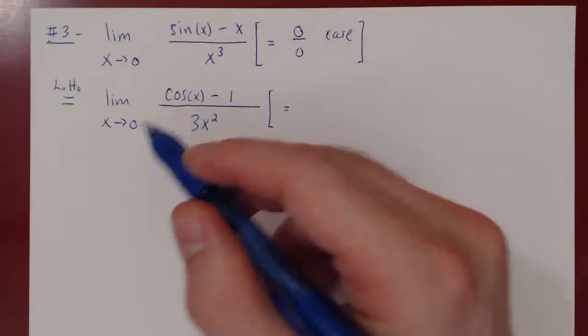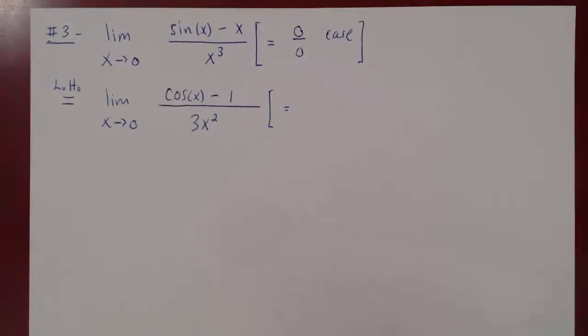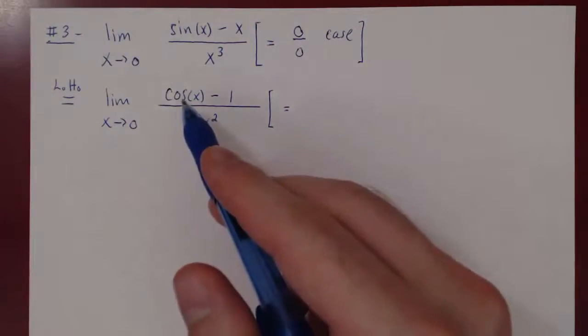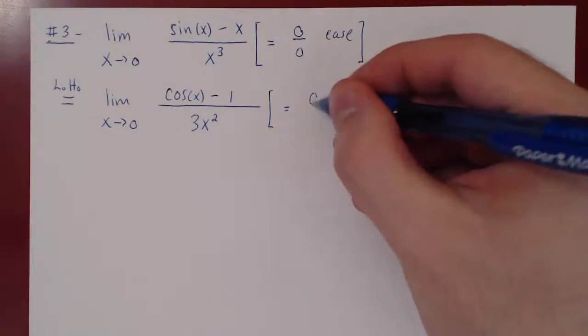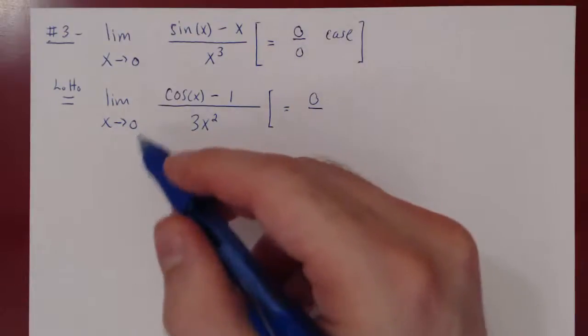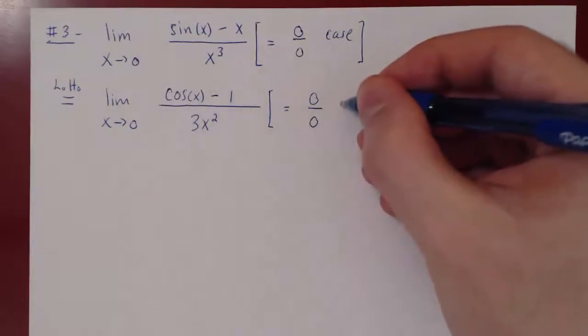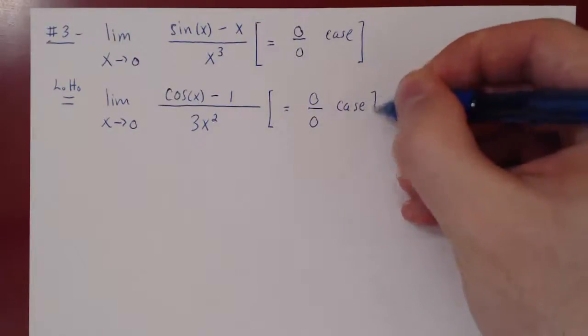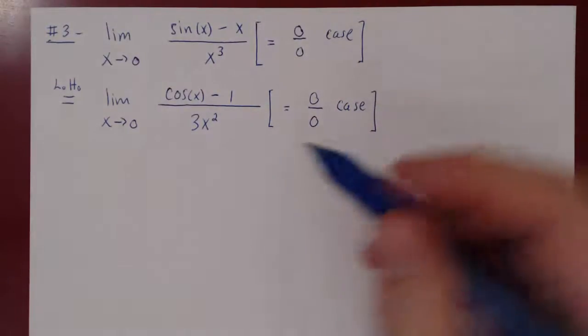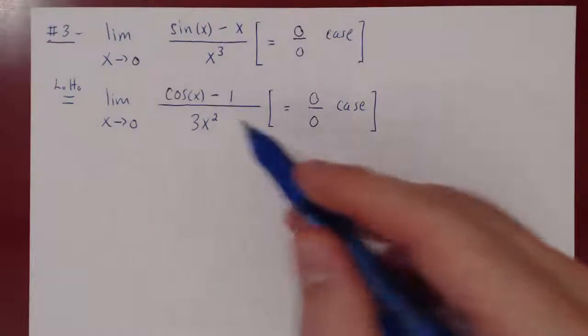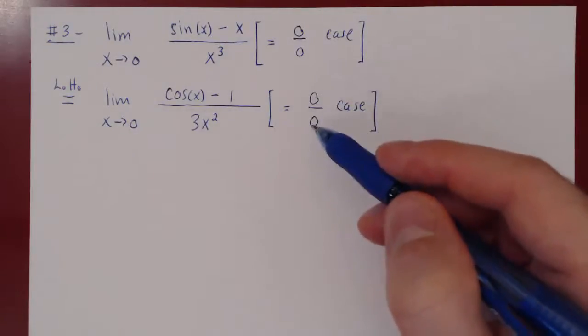As x approaches 0, we'll get cosine of 0, but cos of 0 is 1, and we'll have 1 minus 1, which is, again, 0. And as x approaches 0, 3x squared also approaches 0. So we have a 0 over 0 case again. So we still don't know what this limit is. It's still an indeterminate case.